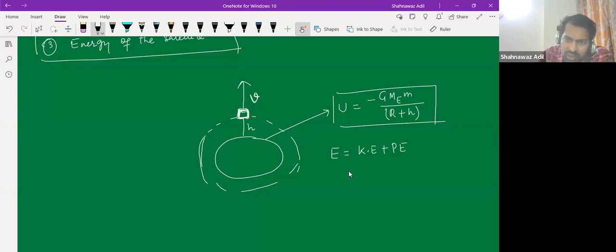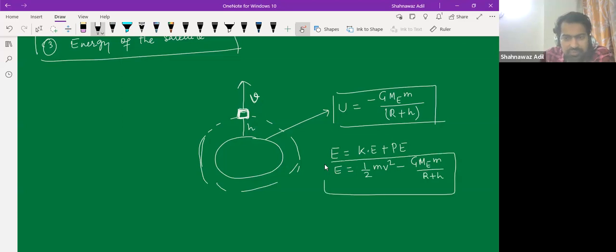So that would be half mv square minus GMeM by R plus H. This is the total energy, correct? This part is making me go upwards, and this part is pulling me down.